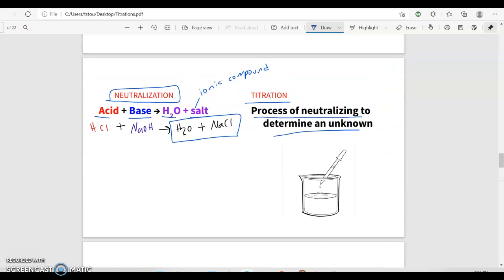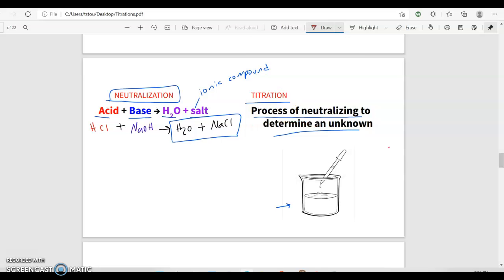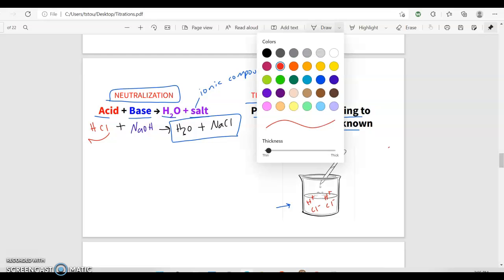So at the very beginning, we happen to have in our beaker, right here, we only had acid in there. Our acid would be the HCl. So that's what it looked like at the very beginning. I'm going to draw it in a bigger beaker just to give myself some more space here.